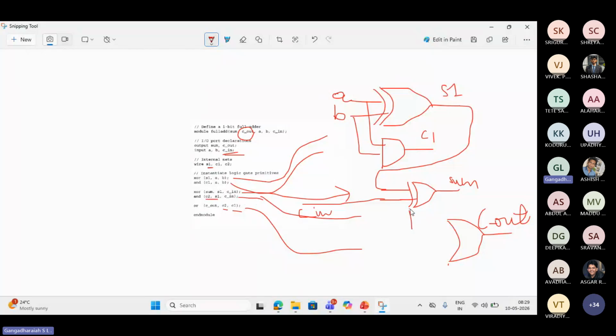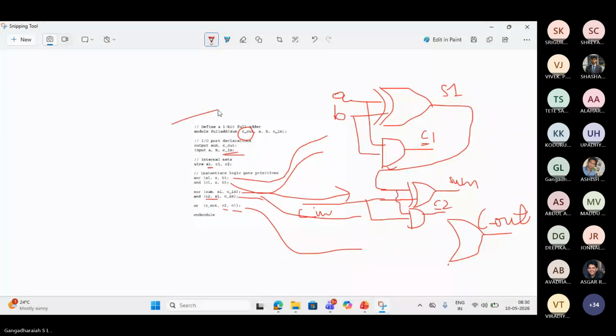There is one more, which is coming here. The output is C2. The inputs are S1, which is one of the inputs, and C underscore in, which is another input. So this is the output C2. I mean, the output of this AND gate and the output of this AND gate.